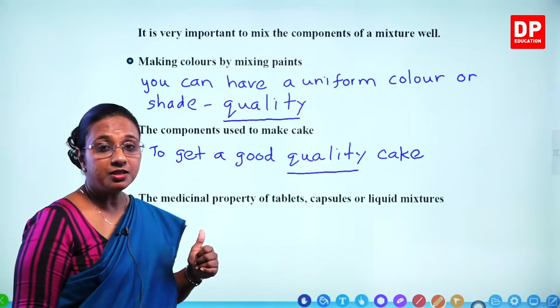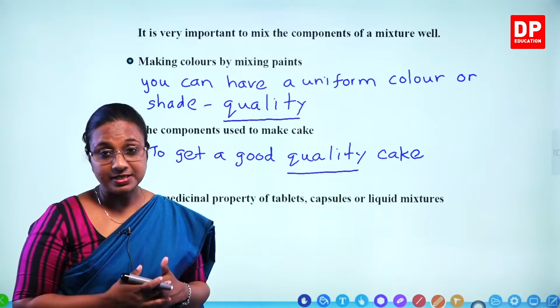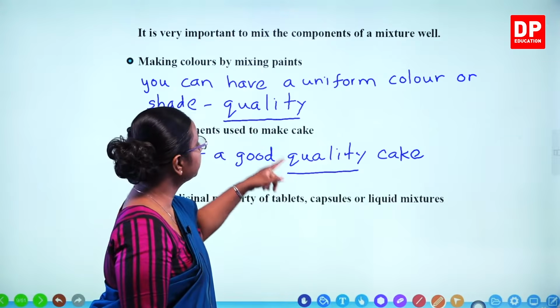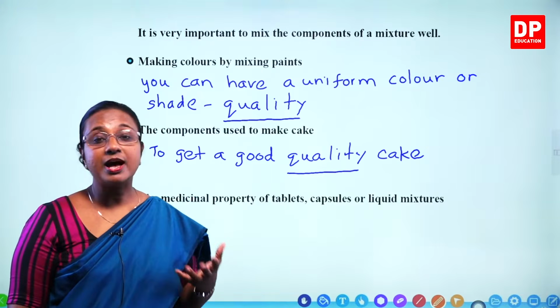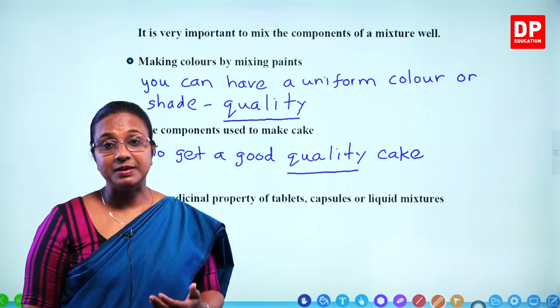So mixture has components. If the components are not mixed properly or not mixed well, then the quality of the mixture will be lost. So in order to have a good quality mixture, the components have to be mixed well.